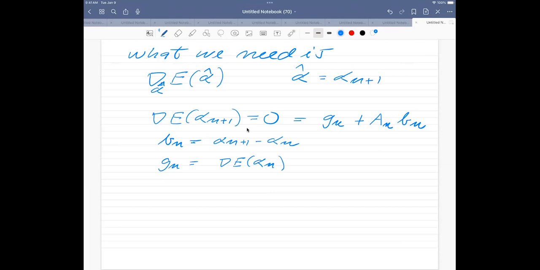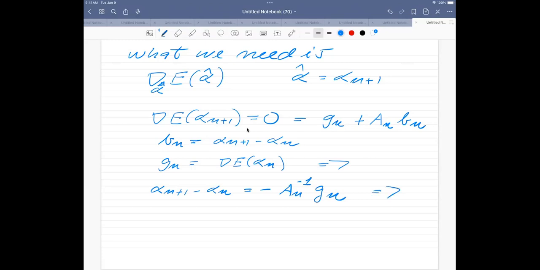So we take the first derivative, and if you look at this expression here, that means simply when we take this to be equal to 0, what we get then is a pretty simple expression which runs like this: alpha of n plus 1 minus alpha of n is equal to minus, and then I multiply with the inverse of this matrix, A of n minus 1, multiplied with the gradient G of n.